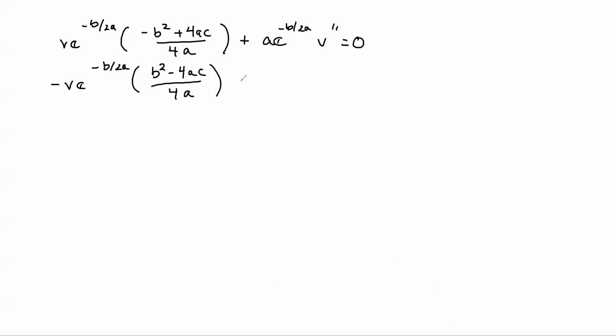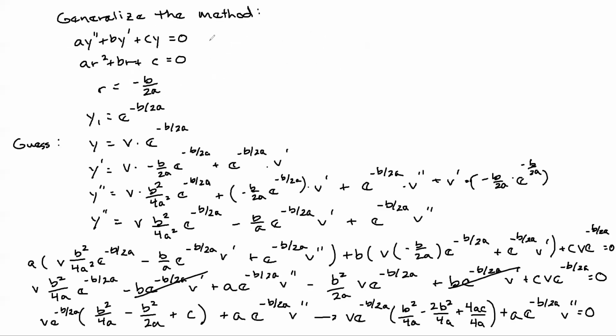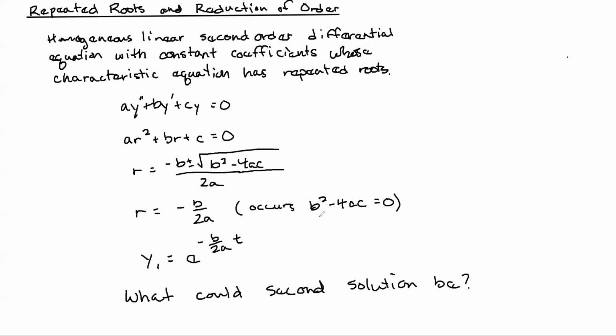So what do we know about b squared minus 4ac when it comes to a repeated root problem? If you solve this using the quadratic formula and you just get negative b over 2a, the only way that can occur is if b squared minus 4ac equals 0, right?